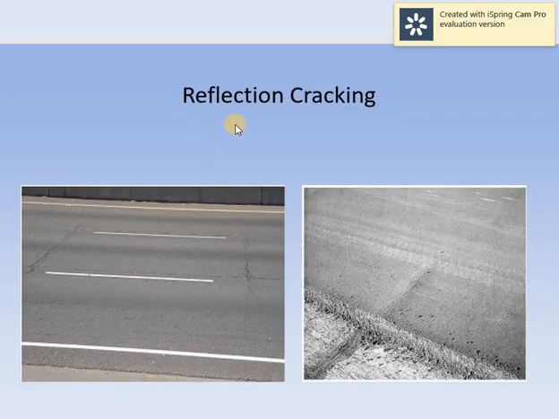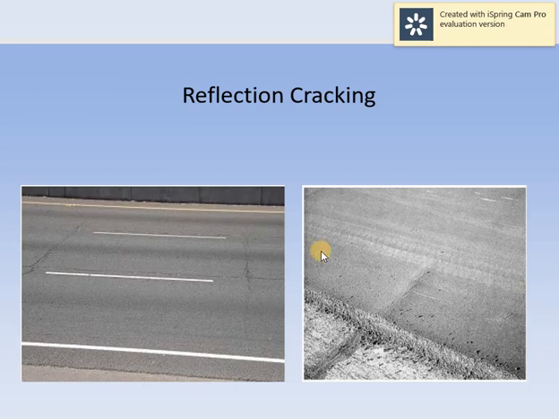Next one is reflection cracking. Reflective cracking is a major concern for engineers facing the problem of road maintenance and rehabilitation. The problem appears due to the presence of cracks in old pavement layers that propagate into the pavement overlay layer when the traffic load passes over the cracks and due to temperature variation.